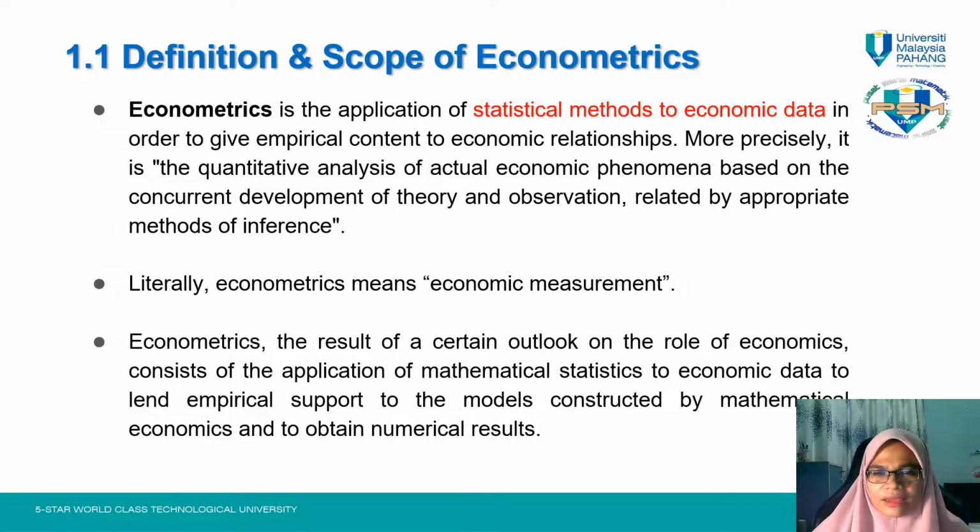Econometrics is the application of statistical methods to economic data in order to give empirical content or insight to economic relationships. More precisely, we can say that econometrics is defined as the quantitative analysis of actual economic phenomena based on the concurrent development of theory and observations, related by appropriate methods of inference.